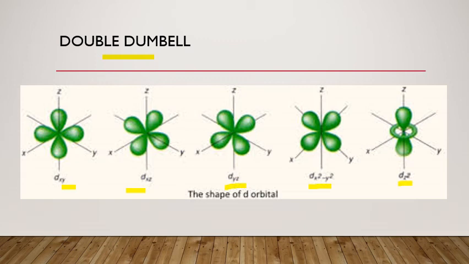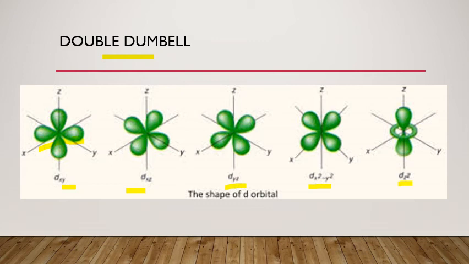We have one of the dumbbells in between the x and y direction. Another dumbbell is in the other axis, but one of the dumbbells is in between x and y. So that is dxy.